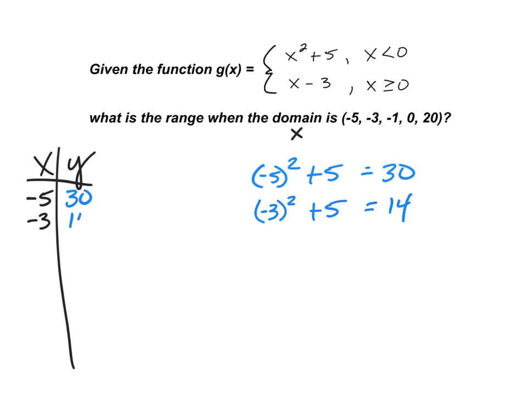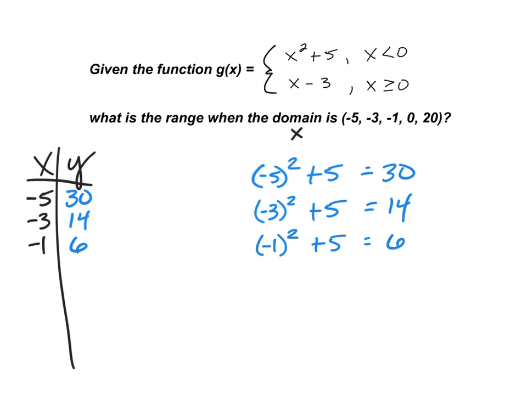And there's my next member of the range. Let's continue with -1. -1 is still a value less than 0, so I'm still using that very first or top function there, x squared plus 5. Instead of the x, I'm going to plug in the -1. The -1 squared is +1. 1 plus 5 is 6, giving me my third member of the range.